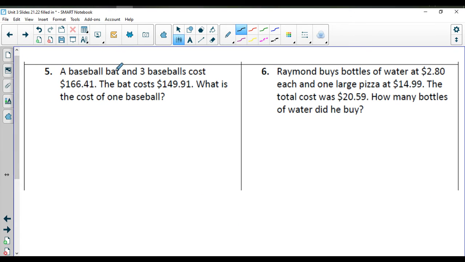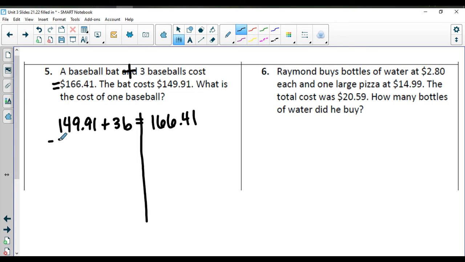Question number 5. A baseball bat and 3 baseballs cost $166.41. This is my equals number. The bat was $149.91, so we're getting the bat at $149.91 plus 3 baseballs, and that's going to total us to $166.41. So what's the cost of 1 baseball?